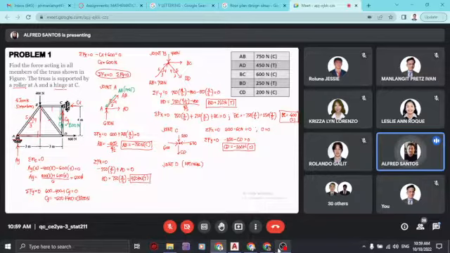So check lang natin, lagay ko na yung mga values. So ito yung makikita natin sa joint D. So you have your CD, 200 Newton compression. And then you have your external load as 600. And then you have your member BD, which is 250 Newton tension.